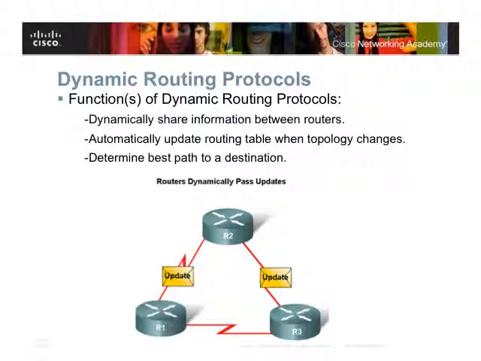So based on this exchange of information, and based on the knowledge of the topology change, now we are in a position to determine the best path if we want to send from one router to another router. What is the best path? Should we go this way or should we go this way? Again, in static routing, it depends on the preference of the system administrator. It depends how the system administrator configures the router.